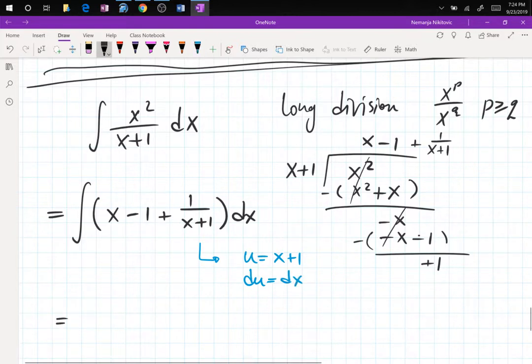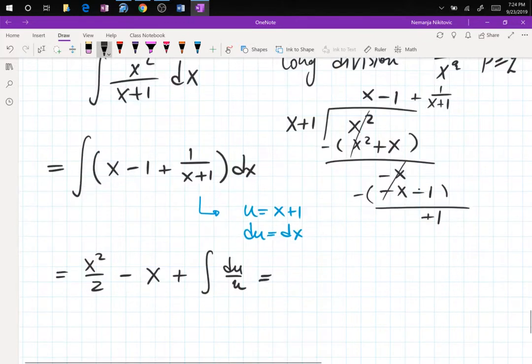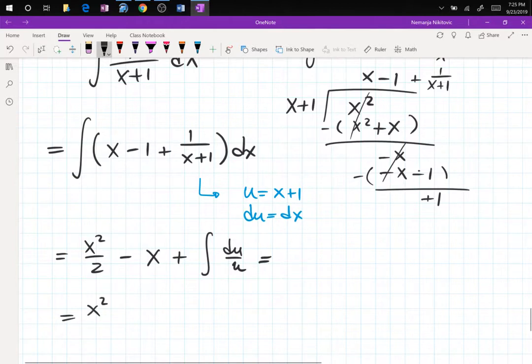So when I integrate, the first one is x squared over 2, minus integral of 1 is x, plus, and now I have integral of du over u, which will give me what? Excellent. ln of absolute value of u, and u is x plus 1, plus c, and we are done. So long division turned that initially bad problem into something very easy to integrate term by term.